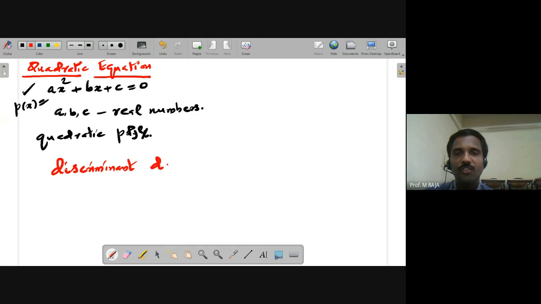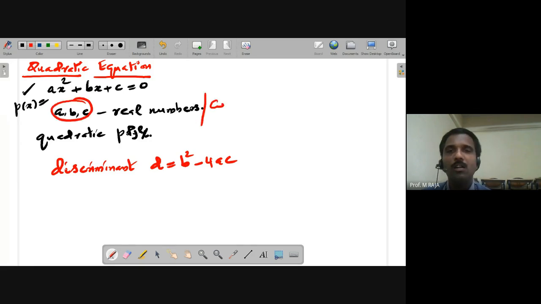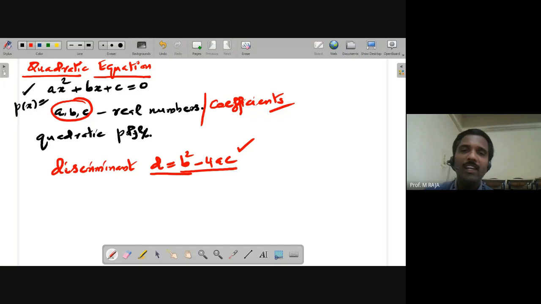This is a variable d which is computed as b square minus 4ac, based on the coefficients a, b, c, which are real numbers. Having these coefficients, first we need to evaluate d. d is said to be the discriminant, evaluated as b square minus 4ac.